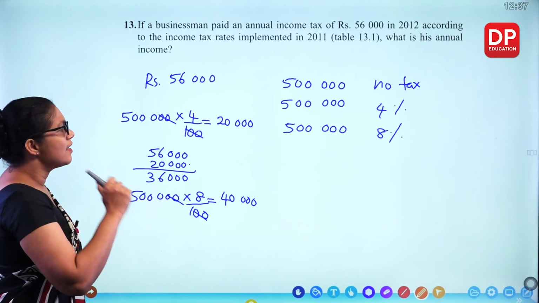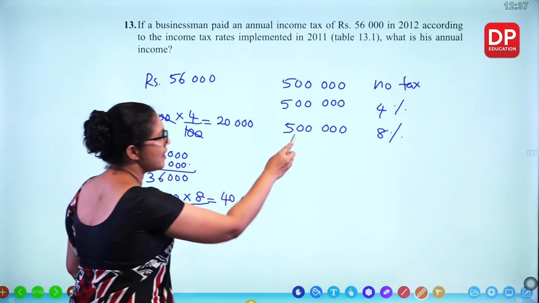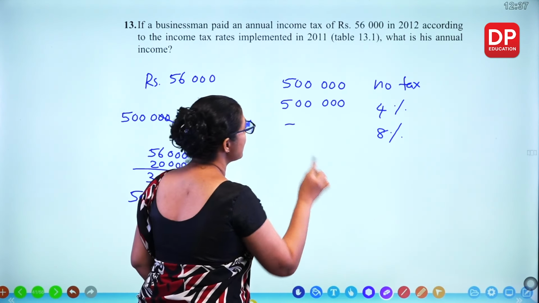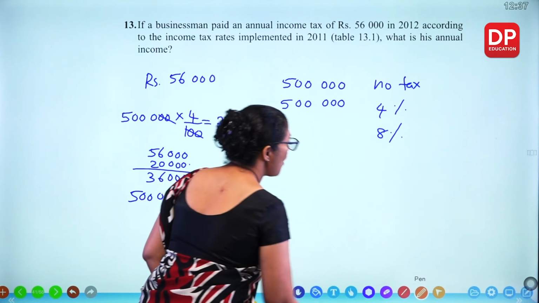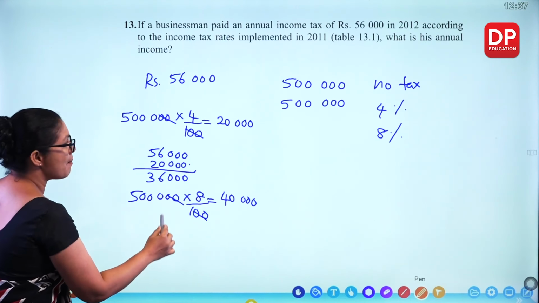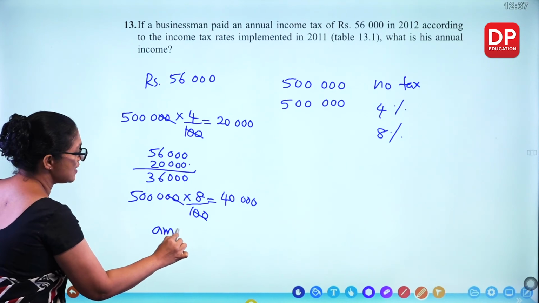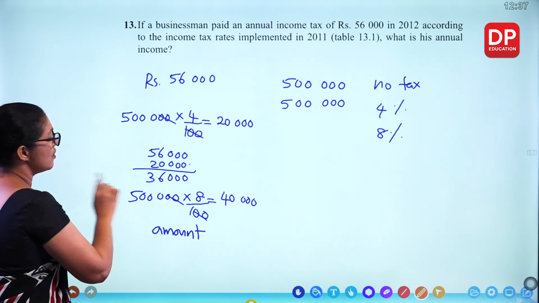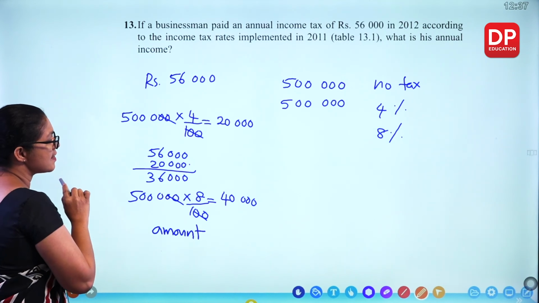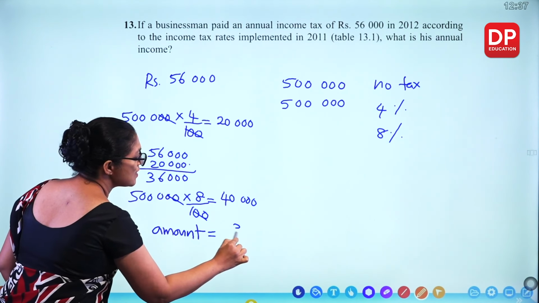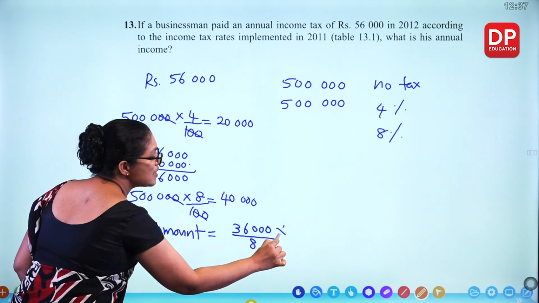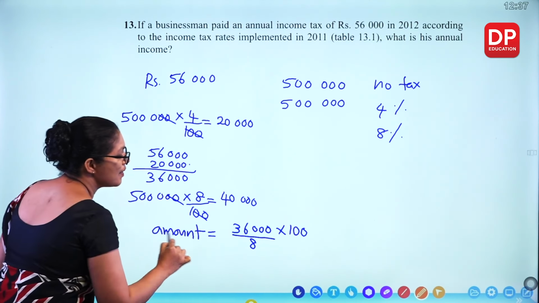That means not another 500,000. So that should be less than that. Now we'll find out the amount. So the amount you are calculating is 8% value for 36,000. So 36,000 you divide by 8 and multiply by 100.